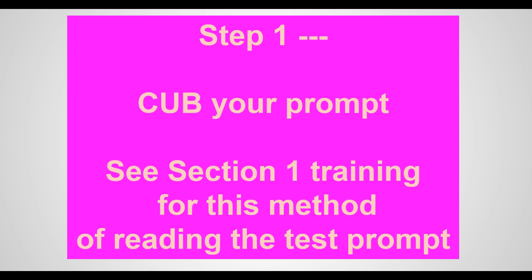You should have chosen one of those prompts to have cubbed and to have a graphic organizer laid out. If you have not done so, please do that now. Choose the prompt, cub the prompt, and then make your graphic organizer from that cubbed prompt. You will use that information at the end of this lesson to build your outline.